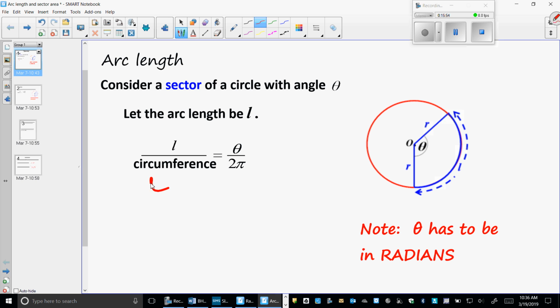So we've got L, so how do we find the circumference of the circle? 2 pi r. That's right.